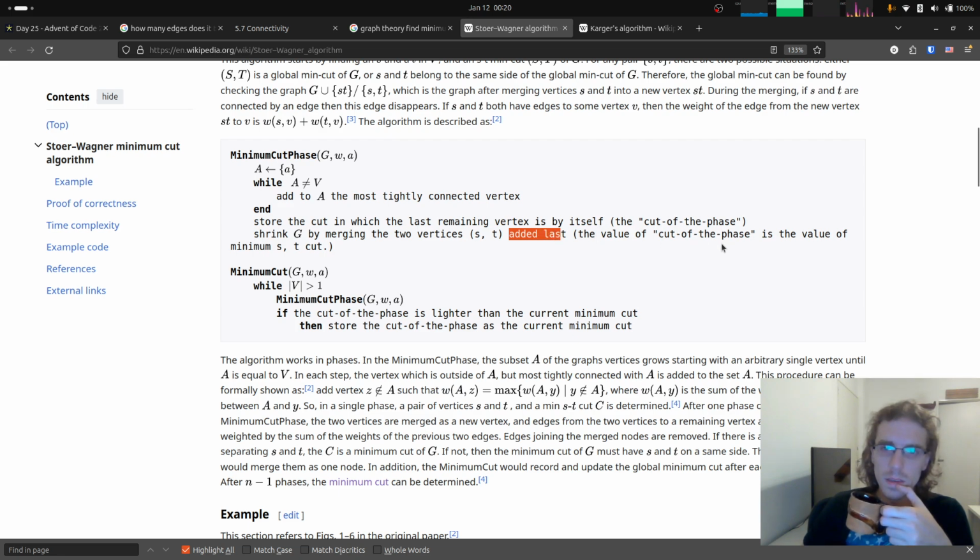The value of the cut of the phase is the value of the min S-T cut. Minimum cut: while V is greater than 1, we do the minimum cut phase. So I guess I want to know what A here is. It's the cut of the phase. Okay.